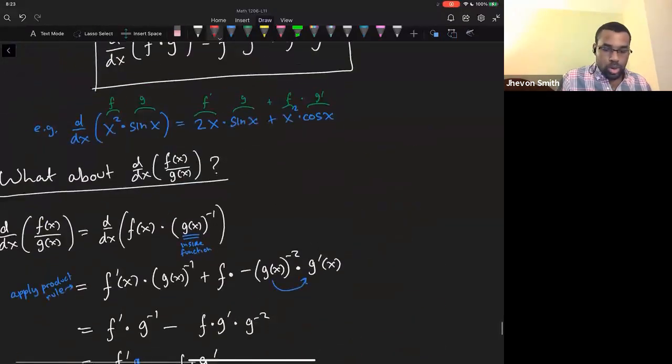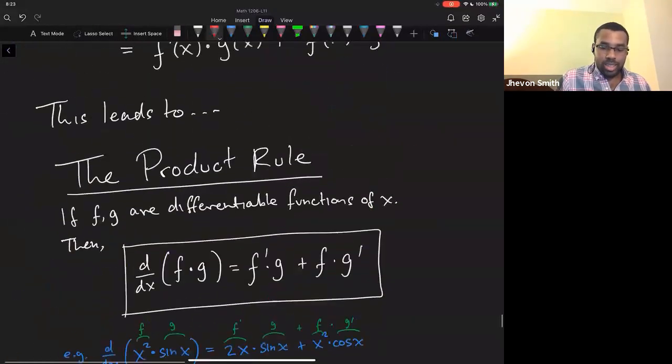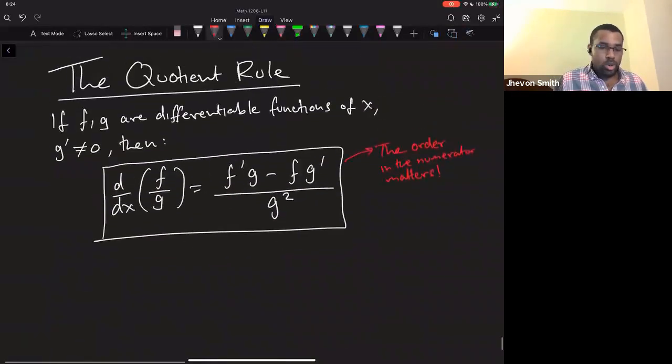In the product rule, the order doesn't matter because you're just adding. You could have done it in any order. You could start by differentiating the function on the right, and then in the second term, differentiate the function on the left. It's not a big deal. But in the quotient rule, you have to remember the order.